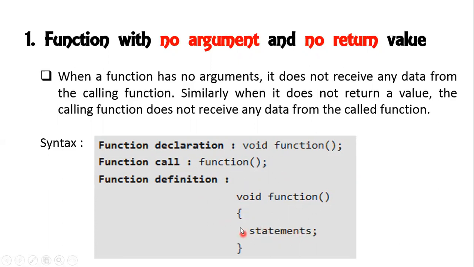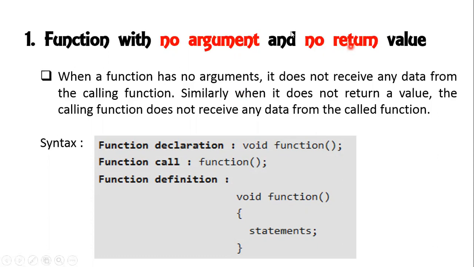This is how the syntax works. Here we are not passing any kind of parameters or arguments, and here also I am not taking any arguments. Directly we are getting the answer. That is the reason for no argument, no return value.